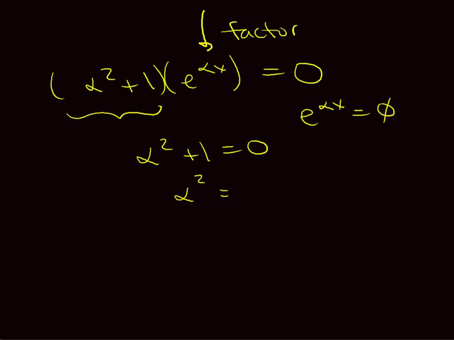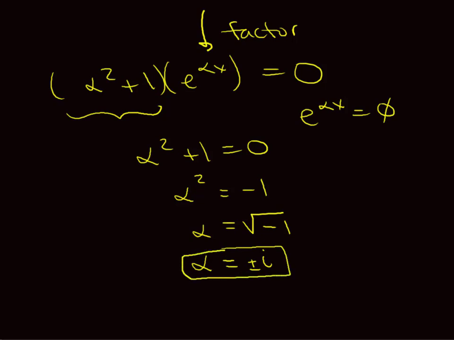So alpha squared equals negative 1. We take the square root of alpha and find out that the values for alpha must be the square root of negative 1. The square root of negative 1 you know as i. And so we now have solutions for our constant alpha, which are the plus and minus value of i.